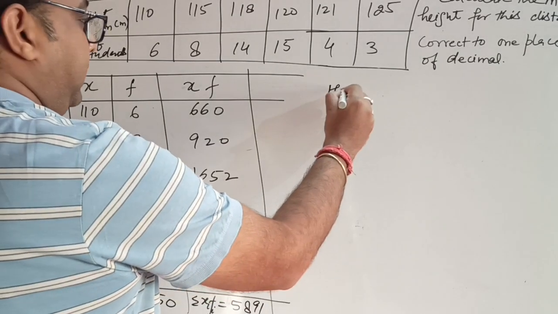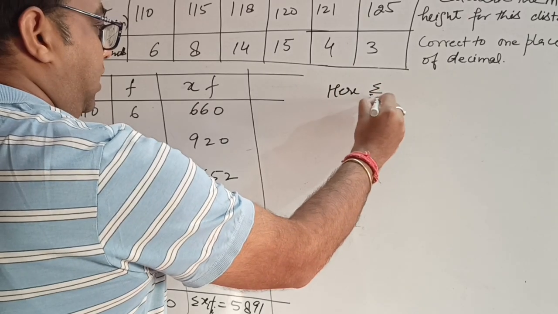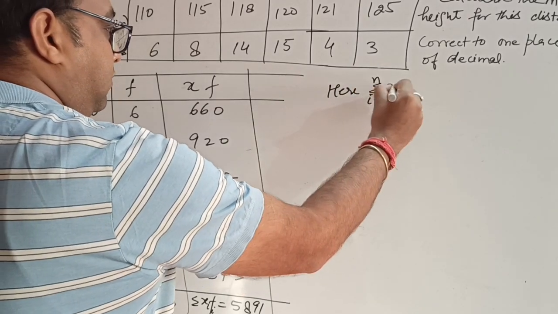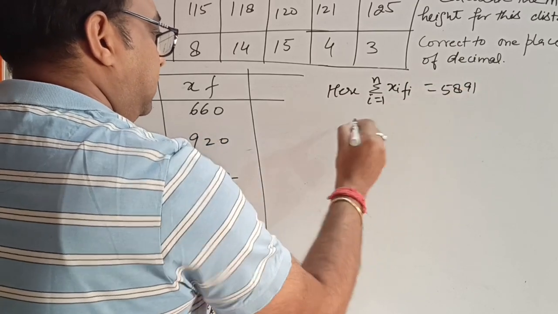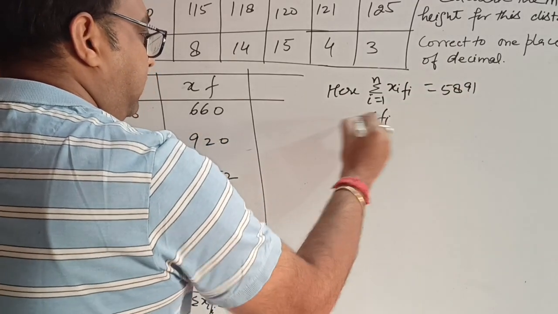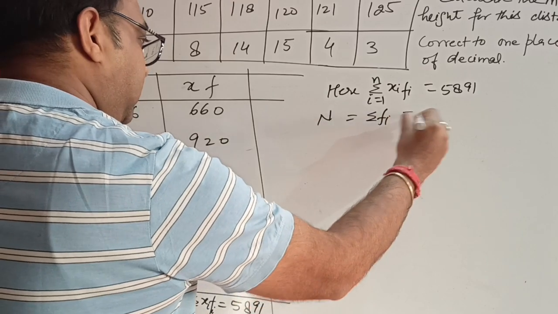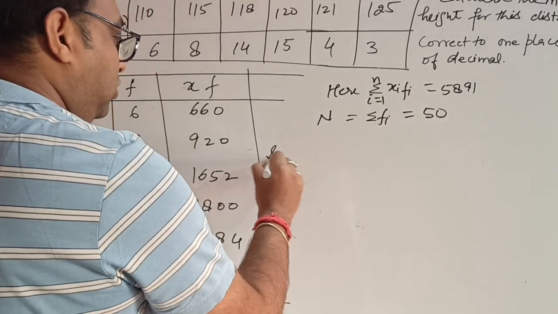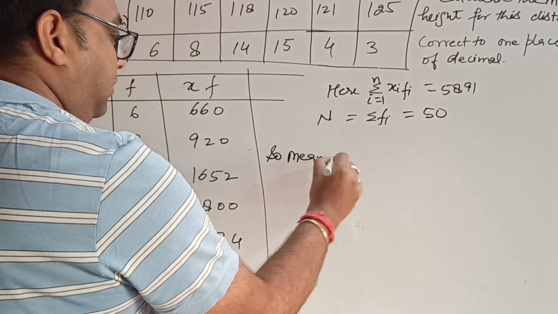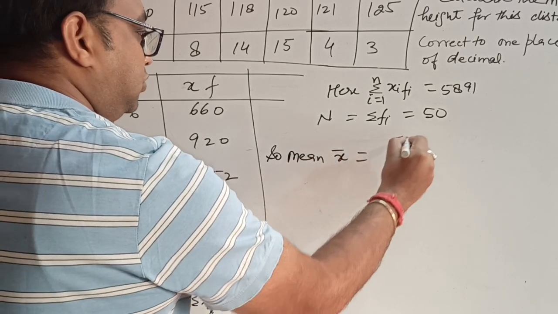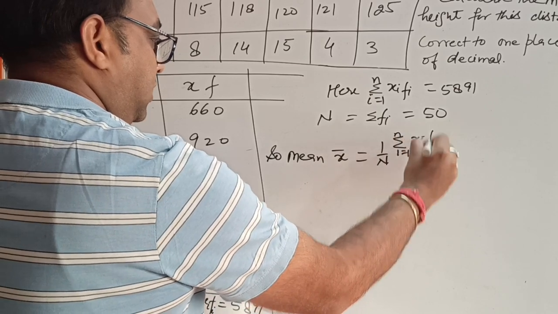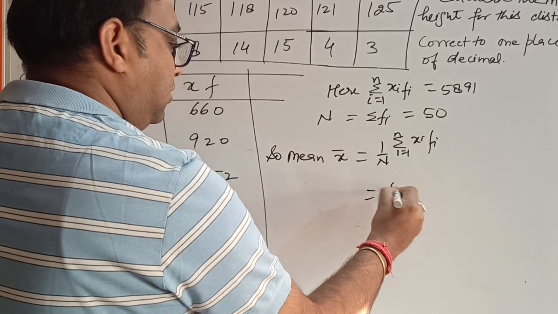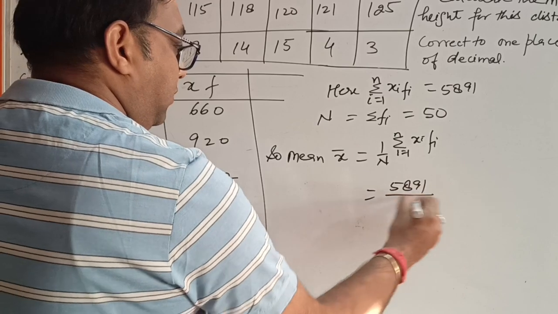So here sigma xi fi, i equals 1 to n, is 5891 and sigma fi, or simply capital N, is equal to 50. So mean x bar is equal to 1 upon n sigma xi fi, that is 5891 upon 50.